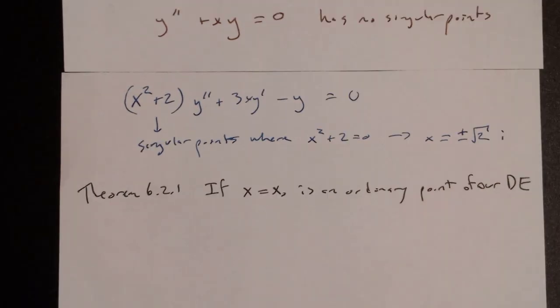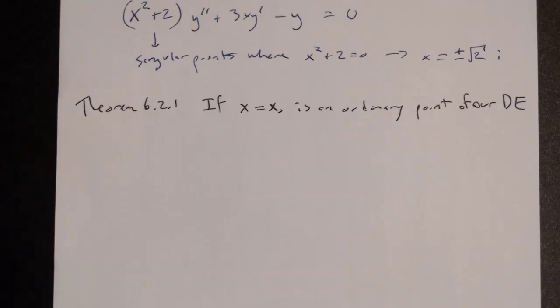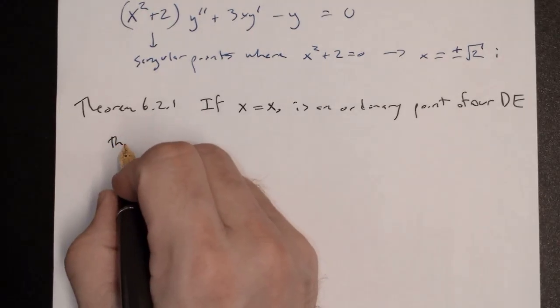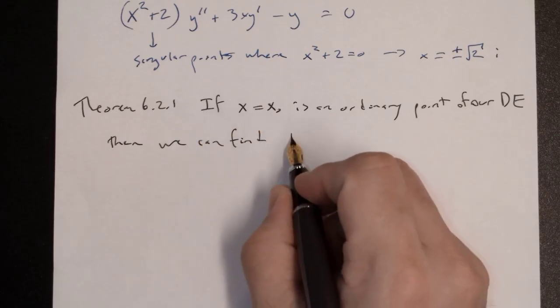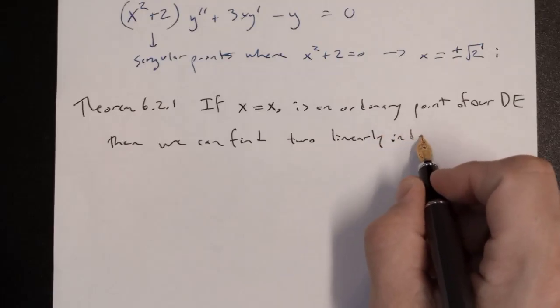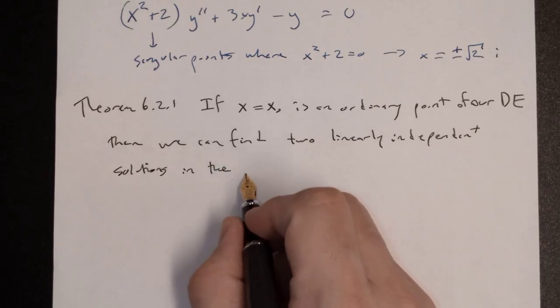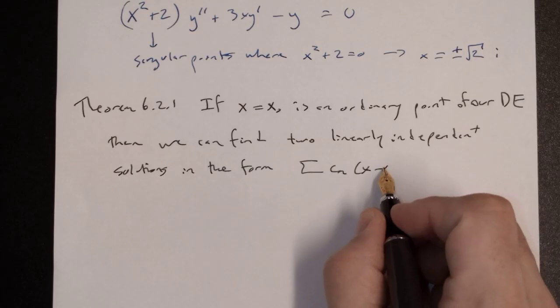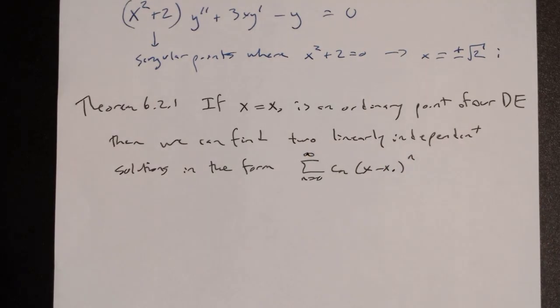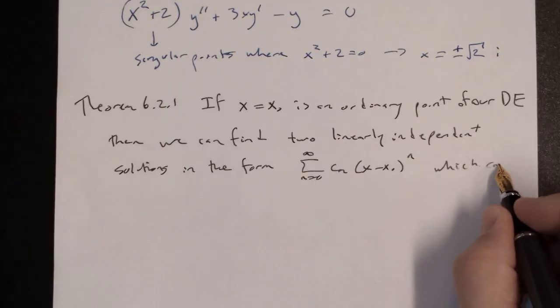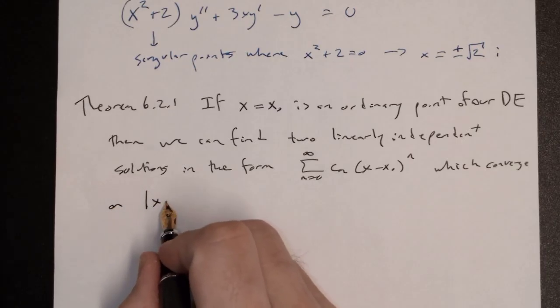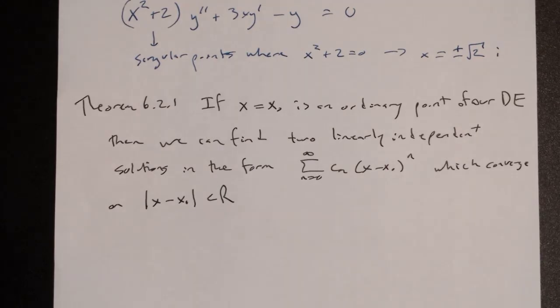If I am at an ordinary point for my differential equation, then I can find not one, but two linearly independent solutions of the form of a power series centered at x0, which converge on |x minus x0| less than r, some radius.